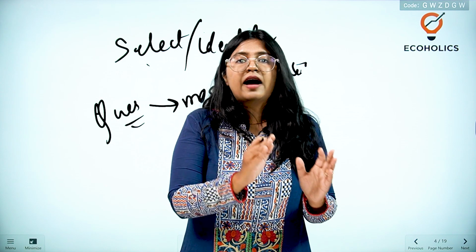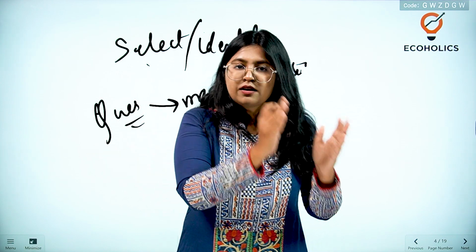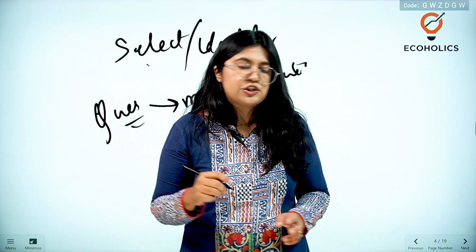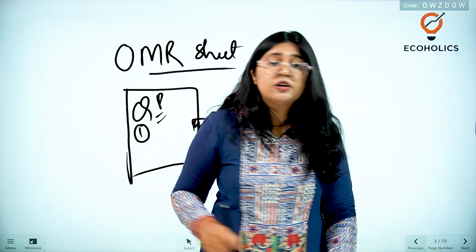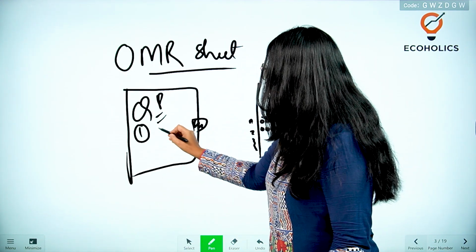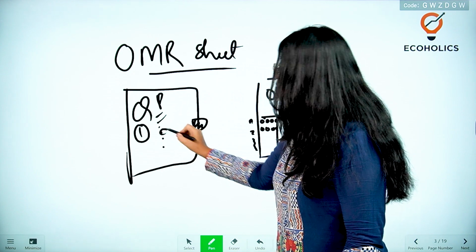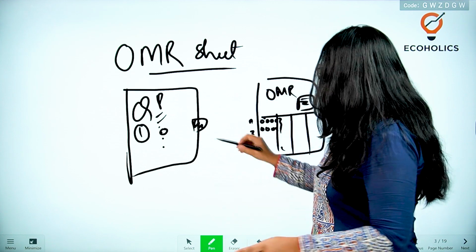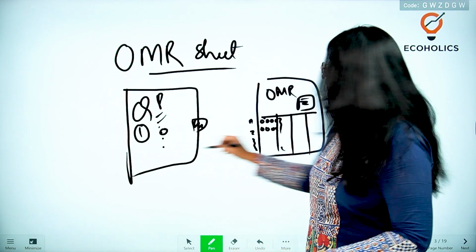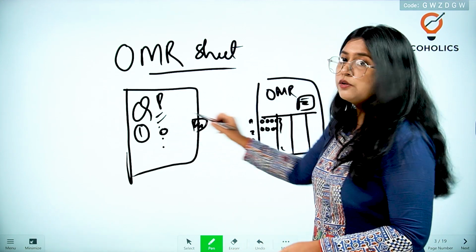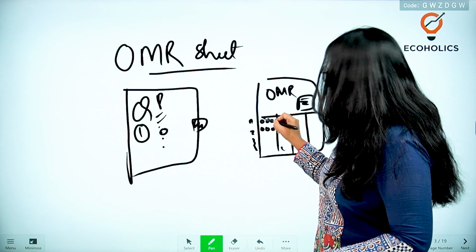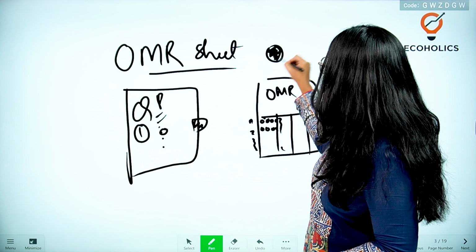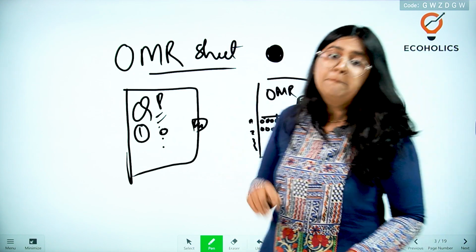That way you will have an easier way to mark the same point on the OMR sheet. So once you know that from the 4 options, option number 2 is correct, I'm confident about it, look at the OMR sheet: this is question number 1, option number 2, and fully fill that circle with the pen.